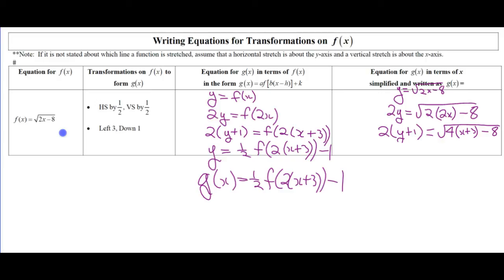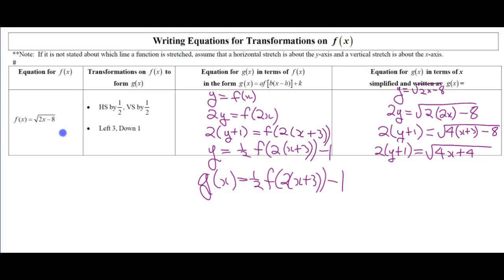So we want g of x equal to, we have to isolate this. Let's just clean up in the brackets. So this is going to be 4x plus 12 minus 8, which is 4x plus 4. Okay, now we need to isolate this and write it as y equals so that we can then write it as g of x equals. So we're going to move over the 2.